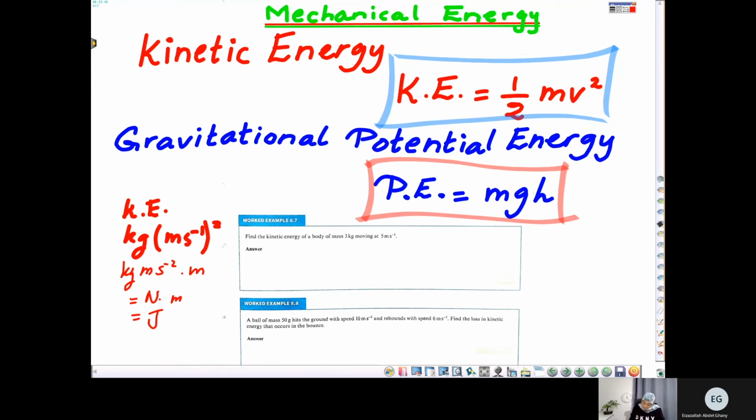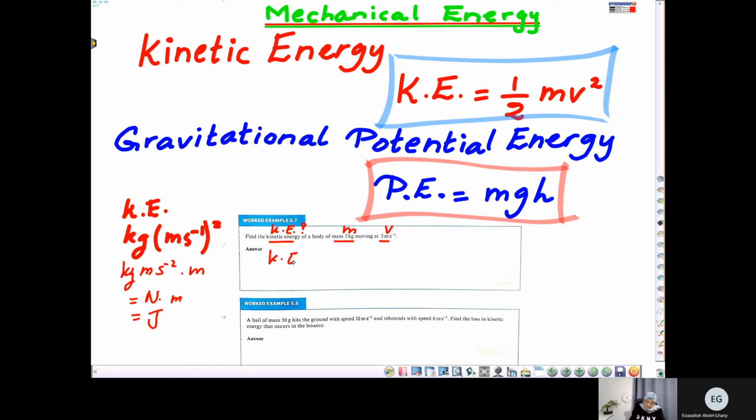Here's a worked example. Find the kinetic energy of a body of mass 3 kilograms moving at 5 meters per second. We need to find kinetic energy, given mass and velocity.